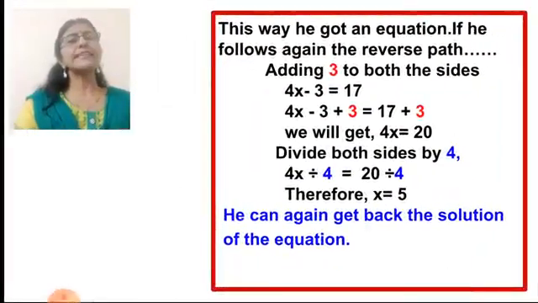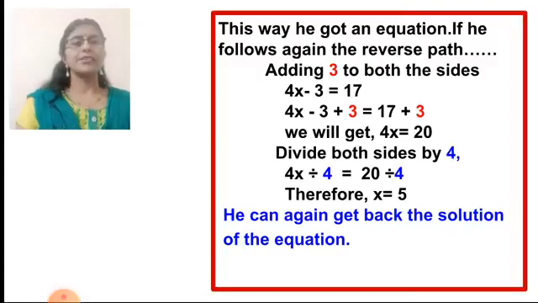Now here you see, this way he got an equation. If he follows the reverse path again, suppose he got the equation just now, 4x minus 3 is equal to 17. If he adds 3 to both the sides, 4x minus 3 plus 3 will be equal to 17 plus 3. And minus 3 plus 3 will become 0. So it will be 4x is equal to 17 plus 3, which is 20.